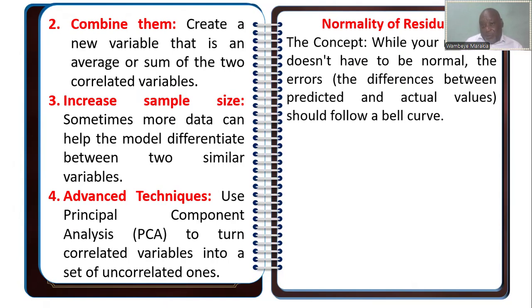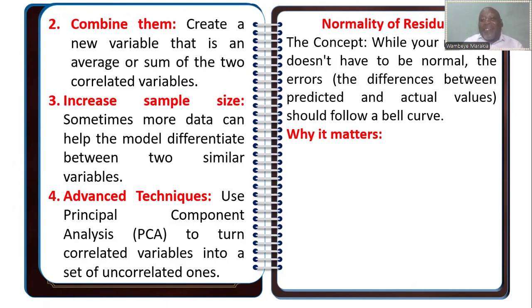In our first course, we considered how to use the raw data and convert it into z-scores, and as a result, you draw a normal curve from the z-scores. So the difference between predicted and actual value should follow that normal curve, the bell-shaped curve. This curve is very important.